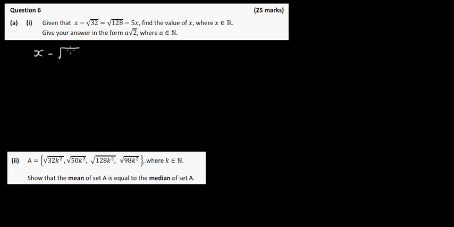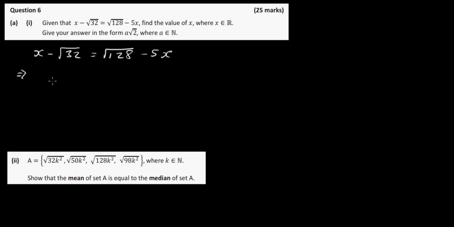x minus root 32 is equal to square root of 128 minus 5x. Now when they say here give your answer in the form a root 2, it should give you a hint that possibly these two square roots here can be written in the form some natural number times root 2, and that is actually the case, but we'll have a look at that in a minute.